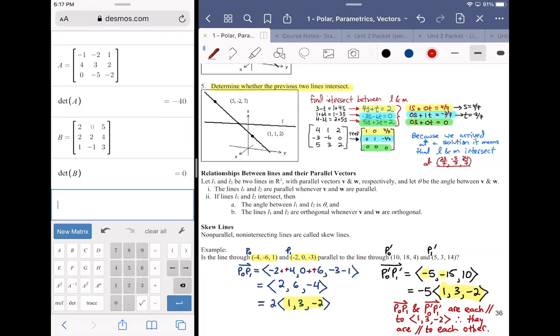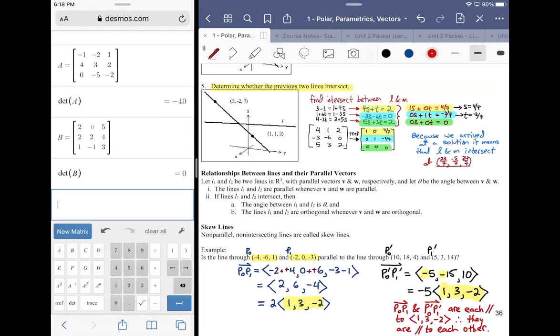If they're parallel to one another, it'll come out in this process. But if I was looking for skew lines, just because two lines are not parallel to each other does not mean they're skew lines. They have to be not parallel and also not intersecting.